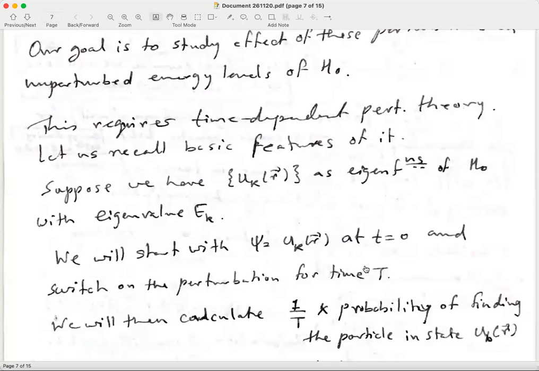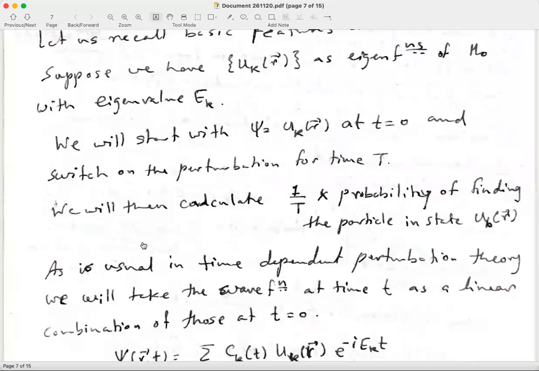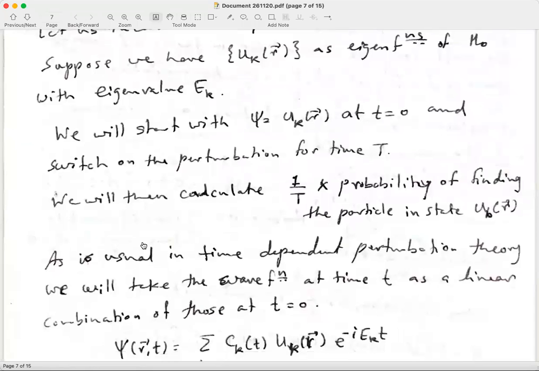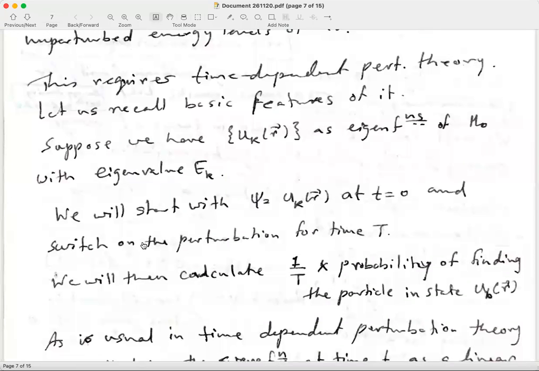And then we turn on the perturbation H1. Once we turn on the perturbation H1, we keep that perturbation on for some time, and we call that time capital T. So for that much time the perturbation is on, and then you switch it off again.